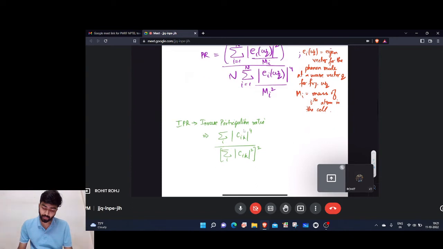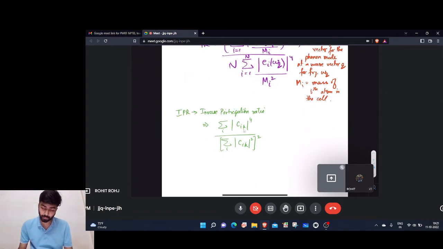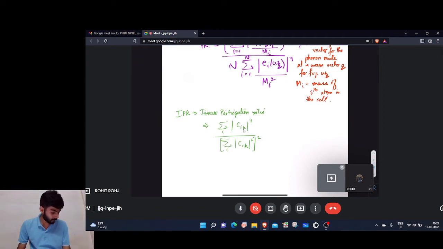Okay, so inverse participation ratio is nothing but the reciprocal of the participation ratio when maintained in the same context, where C I Ks are the coefficients of the orbitals which are participating in the overlap.